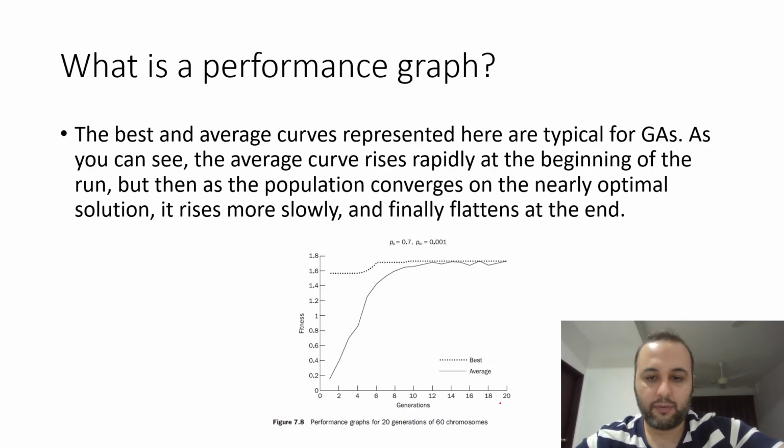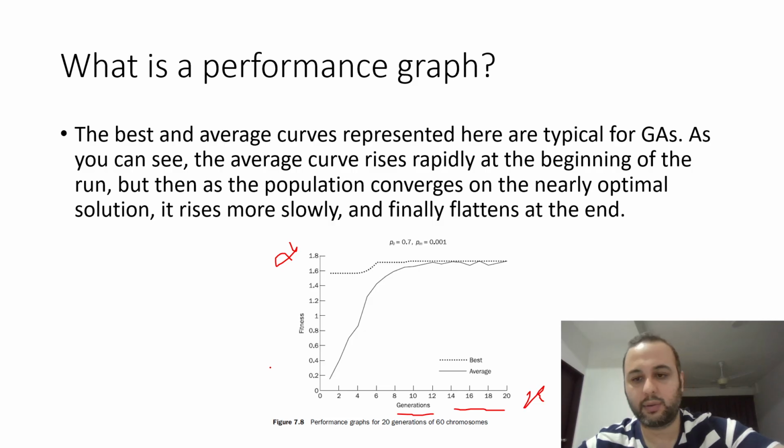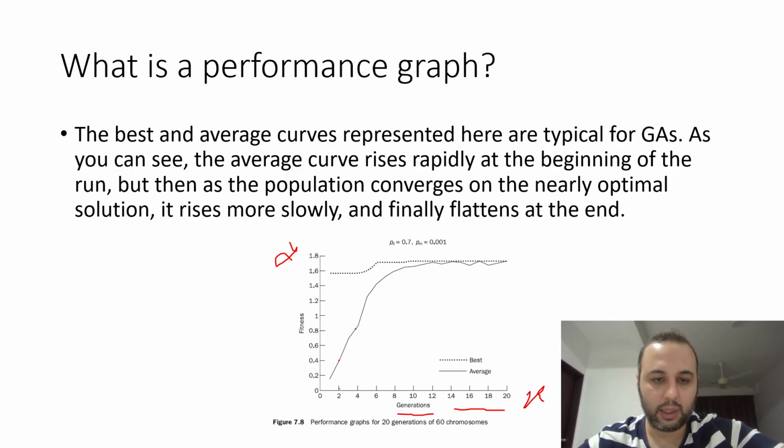So the x-axis here is the generation, and y is the fitness. For example, in generation 2, the fitness is 0.4, in 4 it is 0.8, in 8 it is 0.15 something.